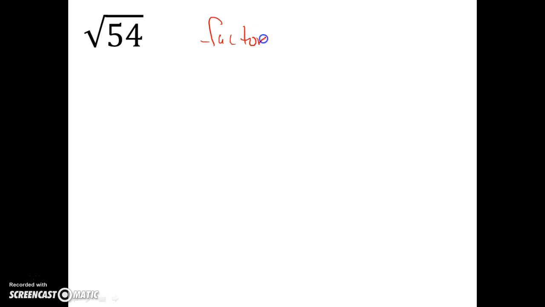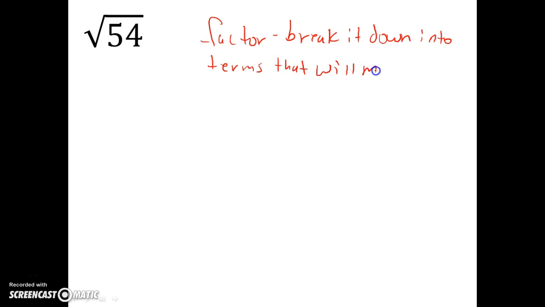So if I'm going to factor, that means I'm going to break it down into terms that will multiply to the original. 54 is the original. So what multiplies to 54? That's how I factor.